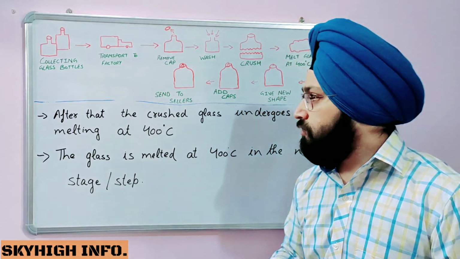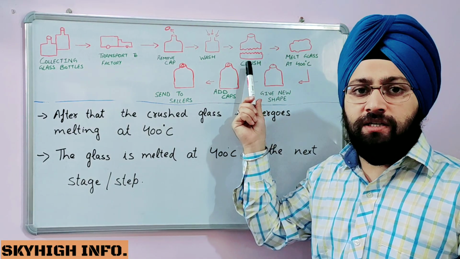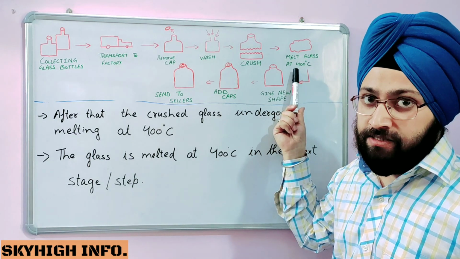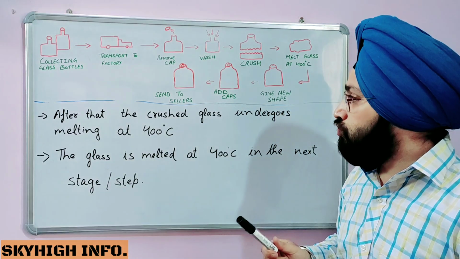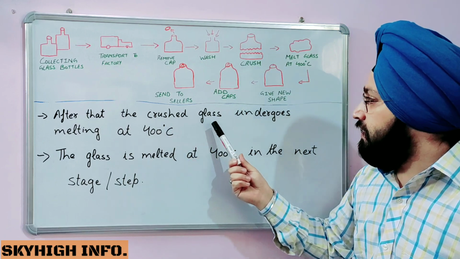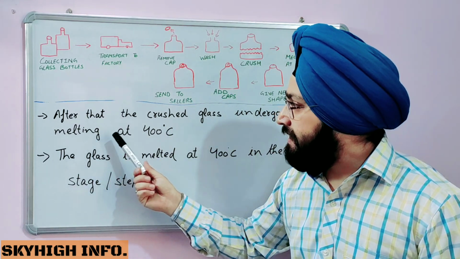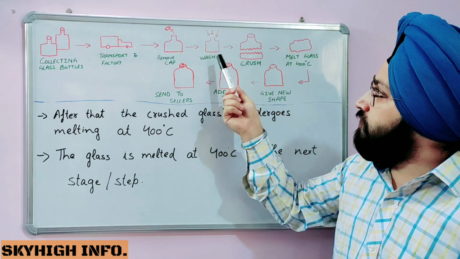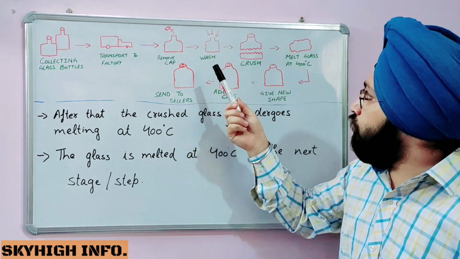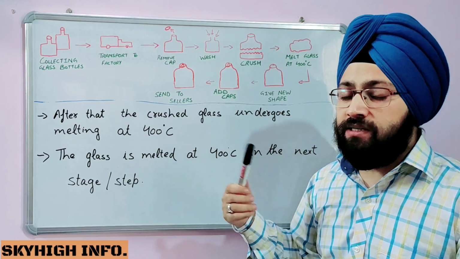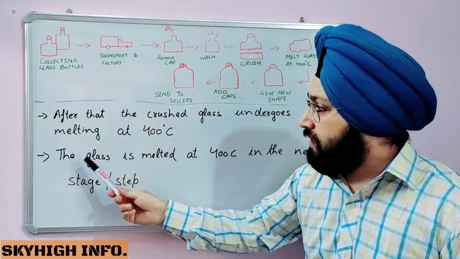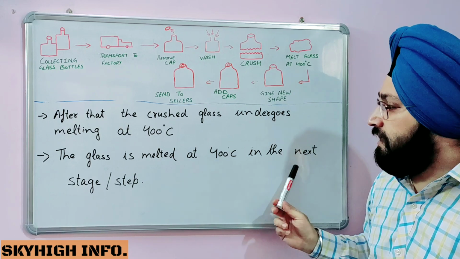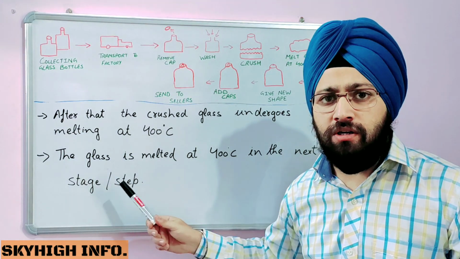Okay, in the next stage, after crushing, it undergoes the melting stage at 400 degrees Celsius as given in the question. So after that the crushed glass undergoes melting at 400 degrees Celsius. If you have mentioned the crushing with the wash procedure, then you can write the melting in a separate sentence. That can be, the glass is melted at 400 degrees Celsius in the next stage or step.